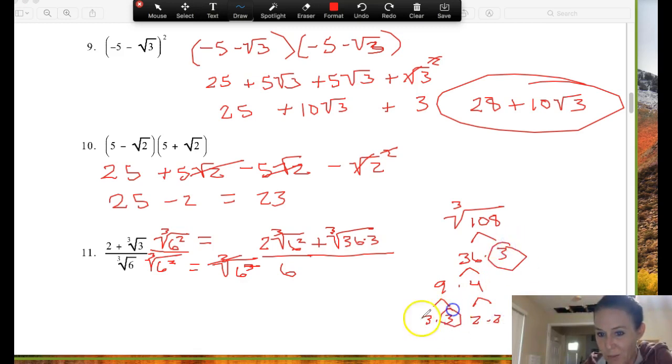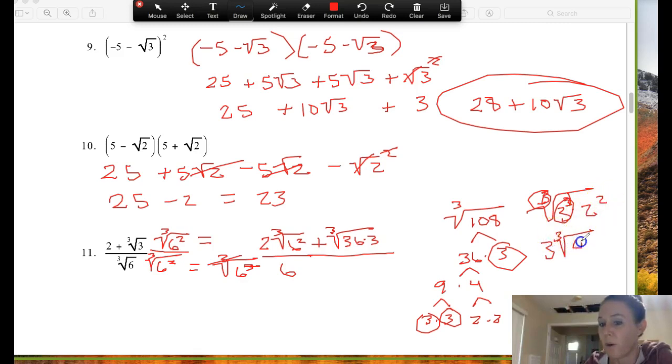So look, this breaks into the cube root of 3 cubed times 2 squared. This is a perfect cube. The cube and the cube root cancel, and this comes out of the root and becomes 3. And then it leaves you with the cube root of 2 squared, which is 4. So 108 breaks down into 3 times the cube root of 4. That's what this breaks down into.